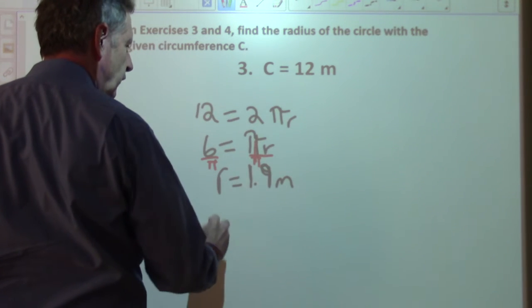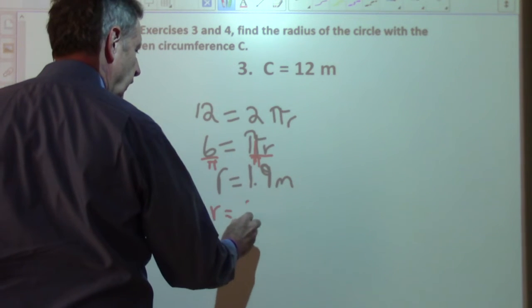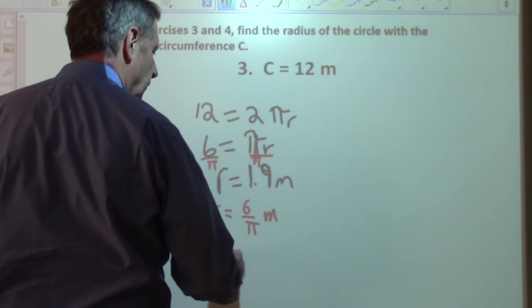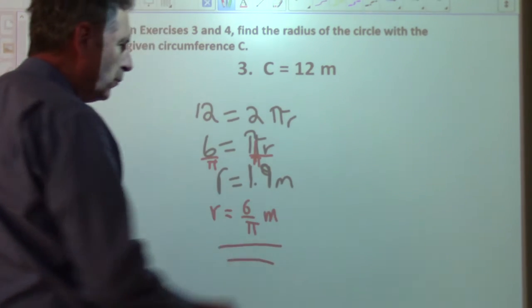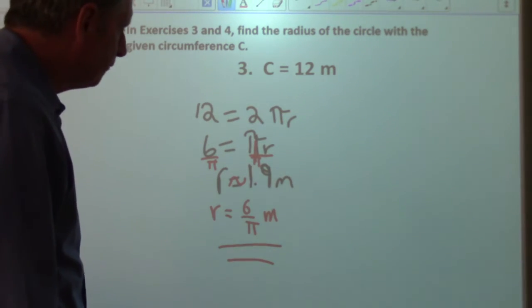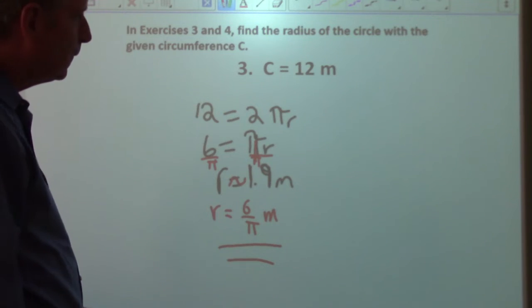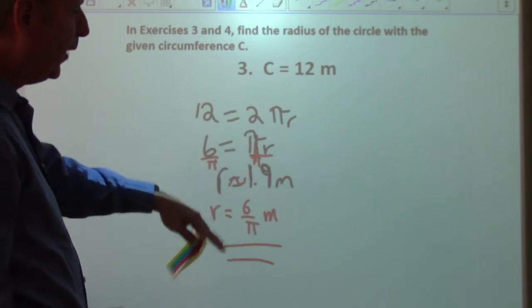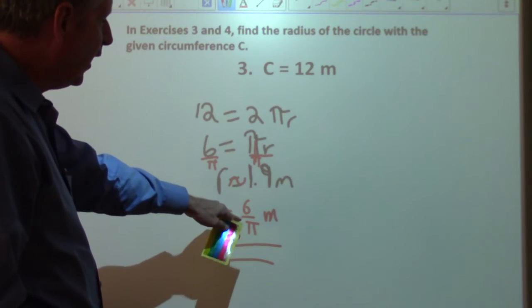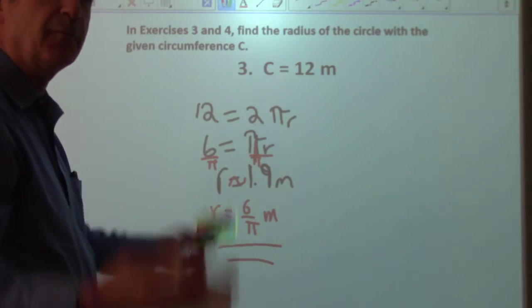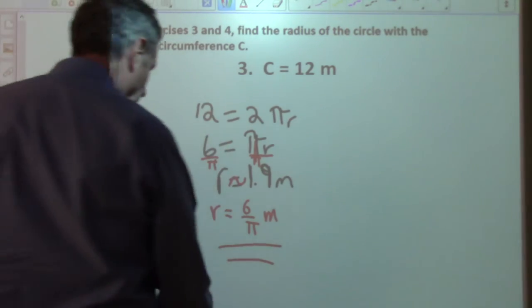So they cancel out, so r is equal to 6 over pi meters, which is about 1.9 meters, right? Exactly right. Now, the student who did this third period made a mistake somehow. She got 6 times pi. That's really 6 divided by pi, right? So thank you for that.